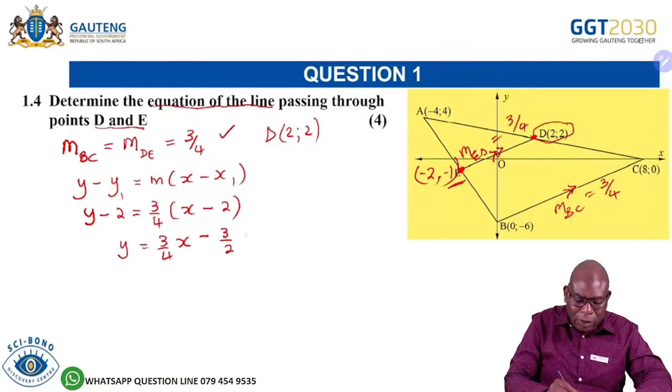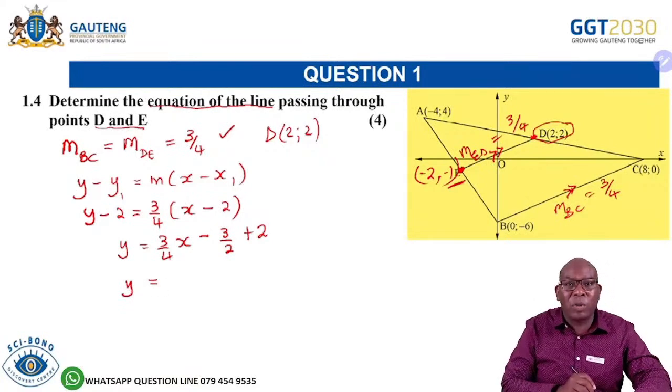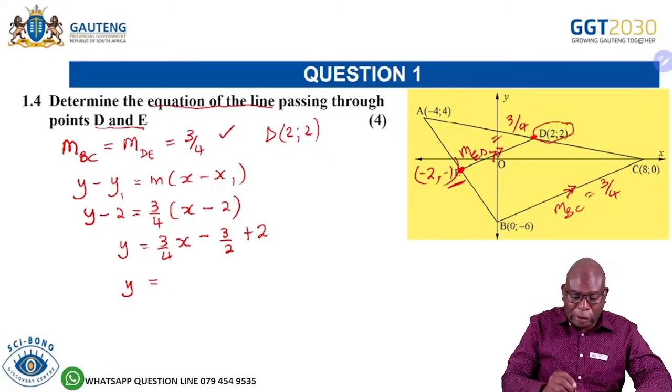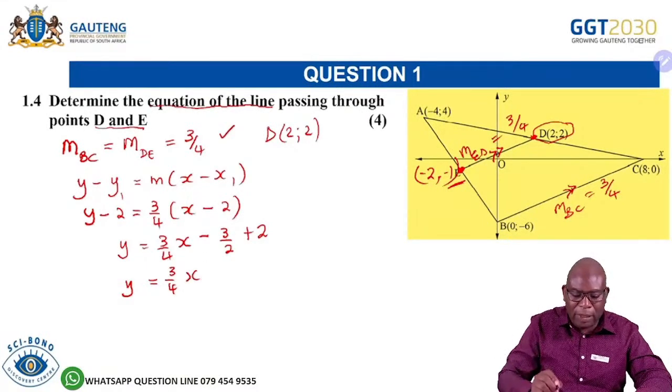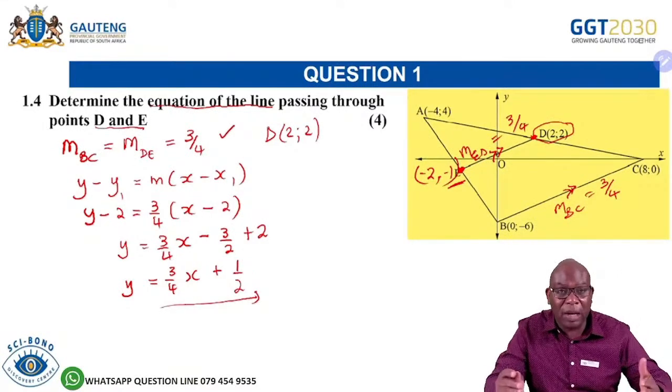Then remember the minus 2 that I took, I must add it this side. So y equals 3 over 4x, minus 3 over 2 plus 2, I'll have plus a half. Okay, then I'm done. That's the equation of the line passing through the points D and E.